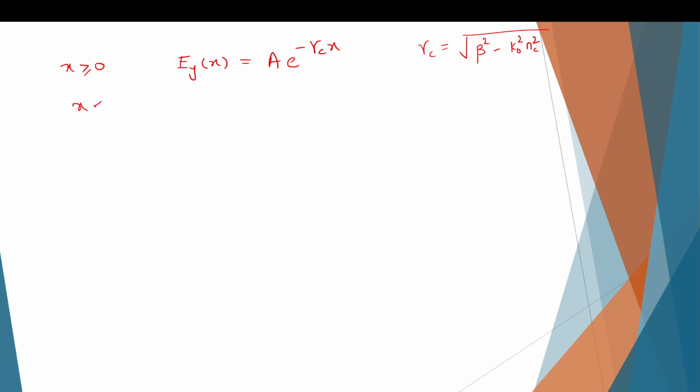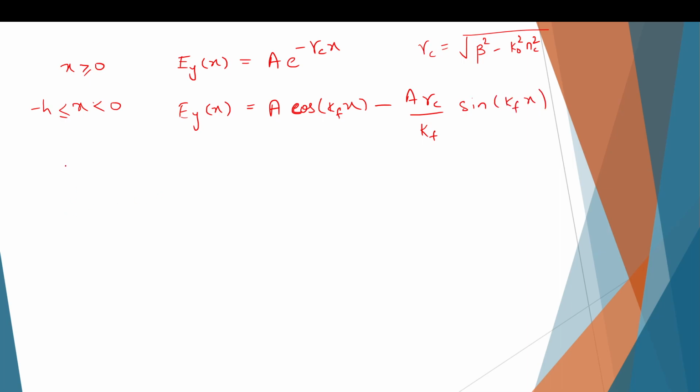For x between 0 and minus h, we will have Ey of x is equal to, b is again just a, cos kappa f x plus c. C is nothing but minus a gamma c over kappa f into sine kappa f x.